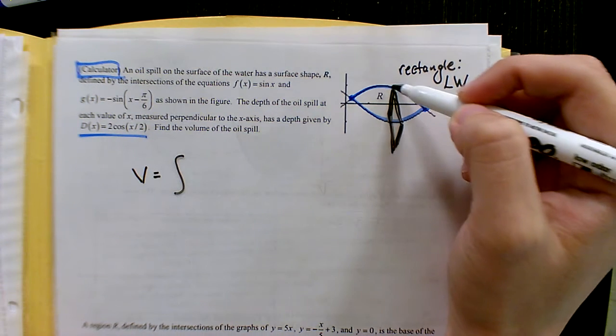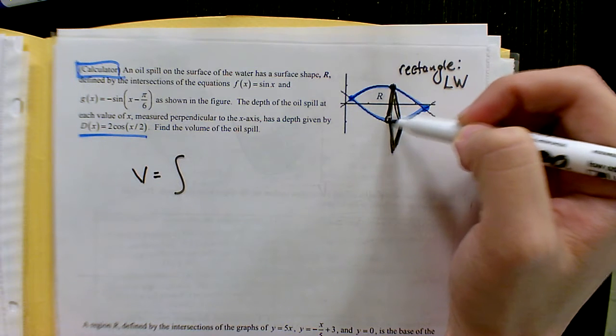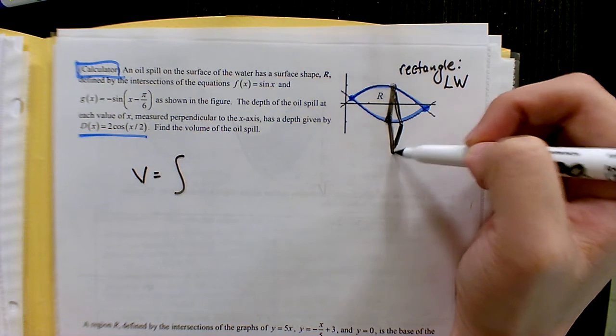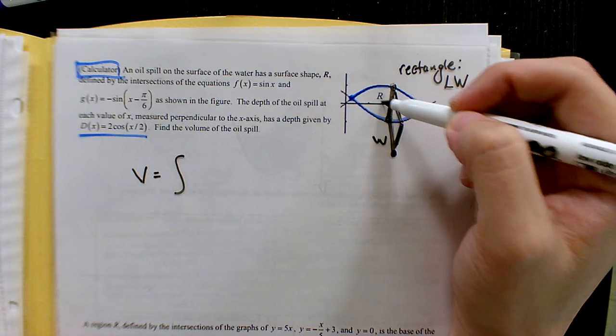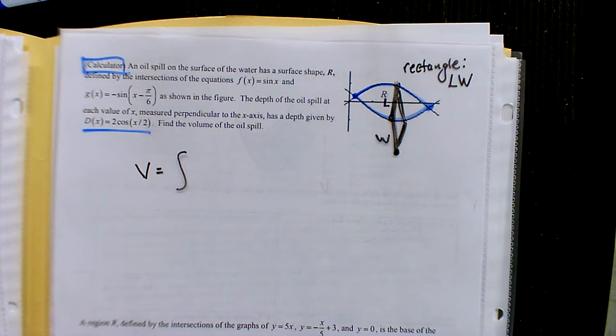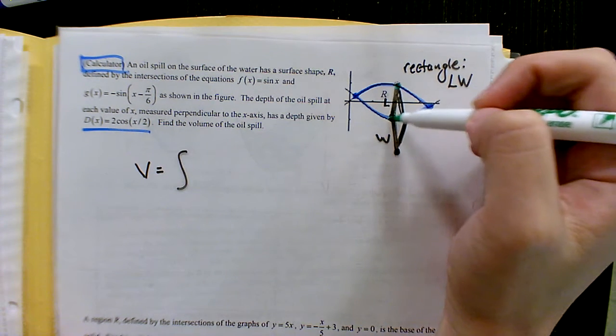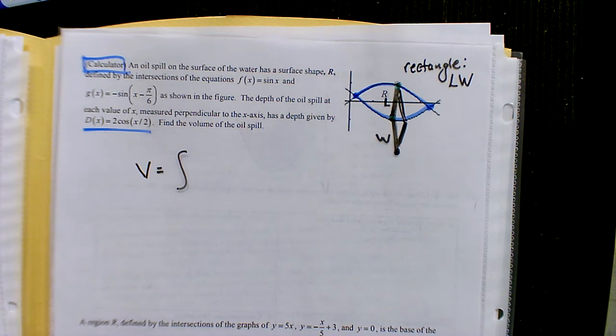One of the pieces we need to identify is that length, and then the other one would be that width. So how do you think we can label the length? Notice how that's the distance between the top and the bottom piece of the surface of this water.